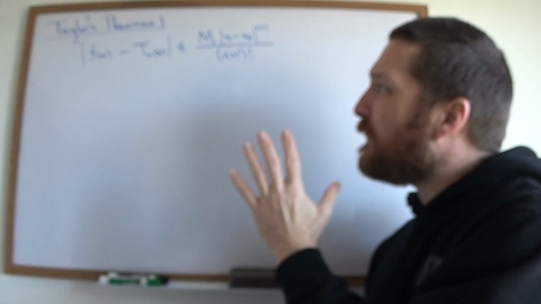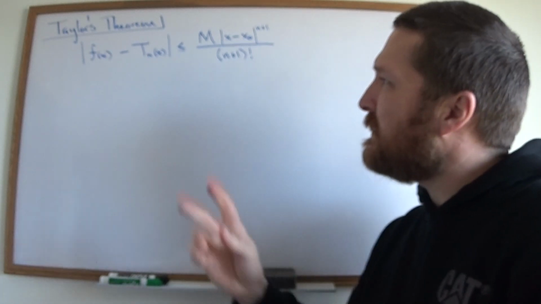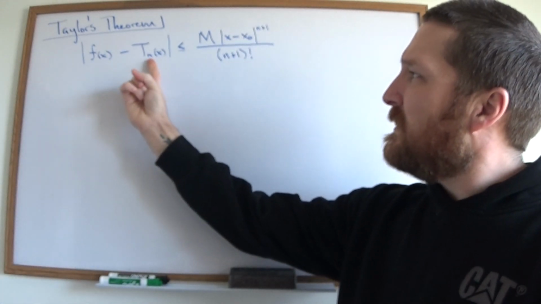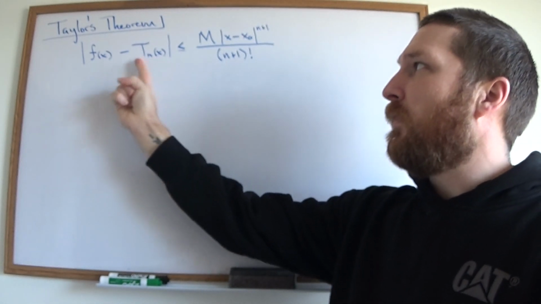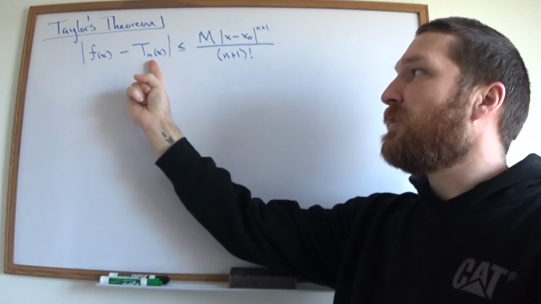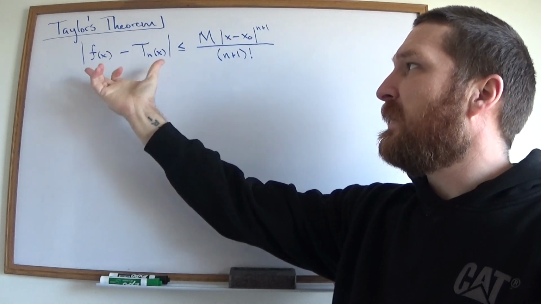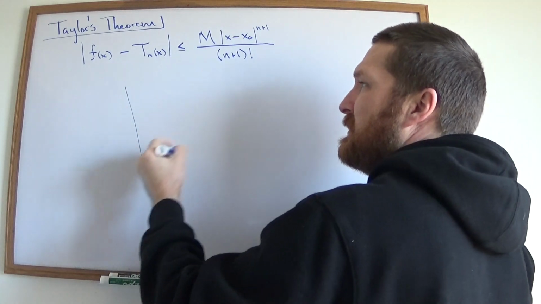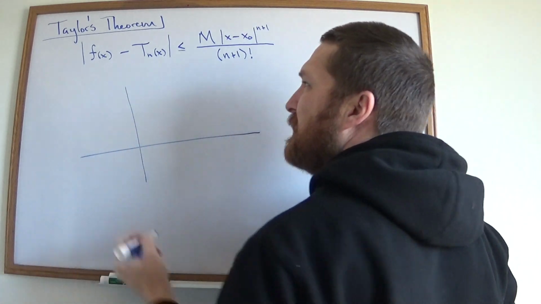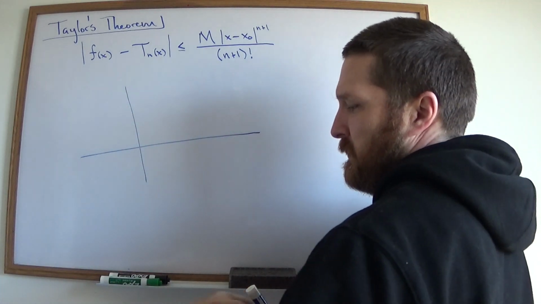So the first thing to notice is this is the nth Taylor polynomial, or the nth Taylor approximation, of this function. Let's think about what this means. That's the absolute value of the difference between the function itself and the Taylor approximation.